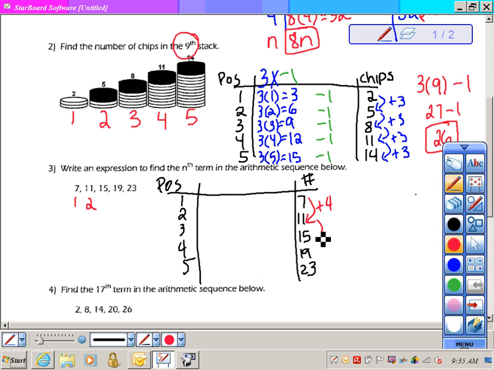Now from 7 to 11, I add 4. 11 to 15, 15 to 19, 19 to 23. Is this a sequence? Yes. So what do I do with the 4? Times x. Good. So 4 times x.